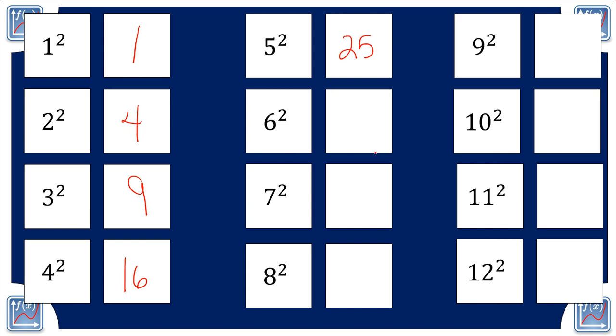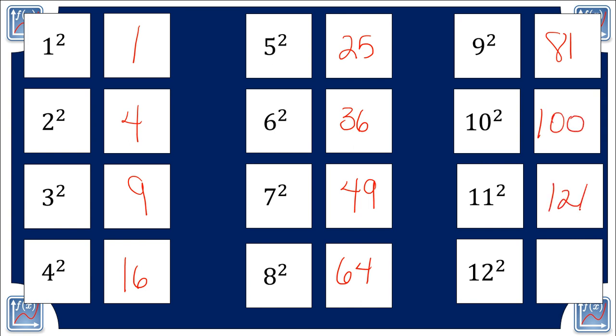A 6 by 6 square has an area of 36. 7 by 7 is 49. 8 by 8, 64. A 9 by 9 square has an area of 81. 10 by 10 is 100. 11 by 11 is 121. And a 12 by 12 is 144. So all of these numbers, these areas, are perfect square numbers, and we need to be very familiar.